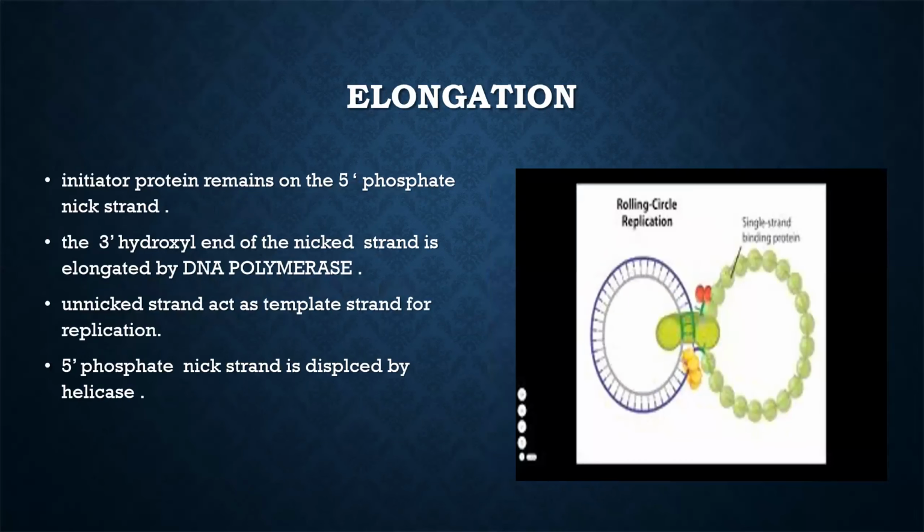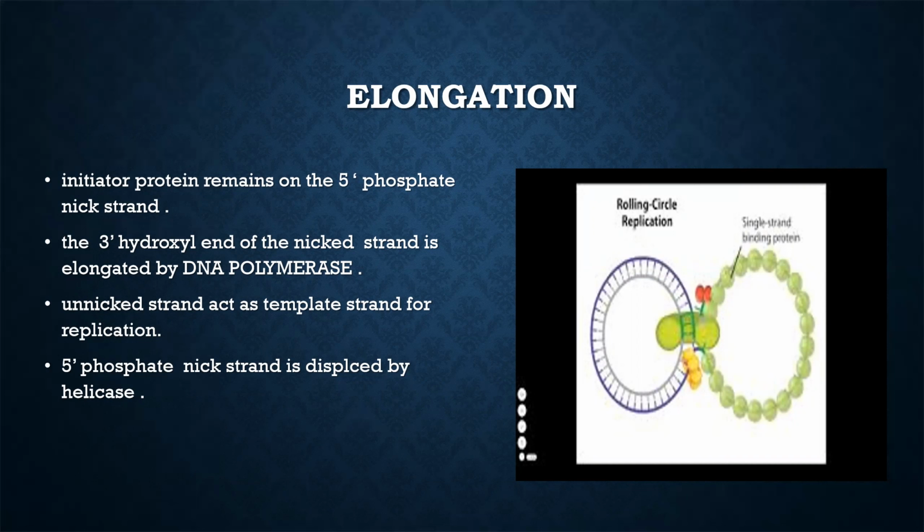Second is elongation. The initiator protein produces a nick and binds to the 5' phosphate of the nicked strand, and the 3' hydroxyl end of the nicked strand is elongated by DNA polymerase.